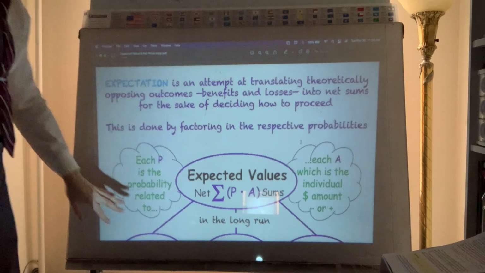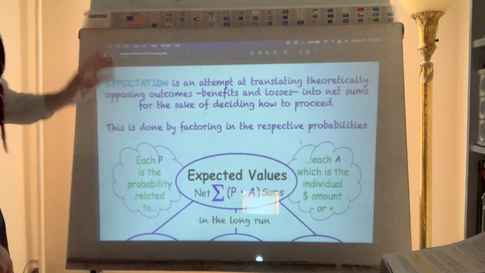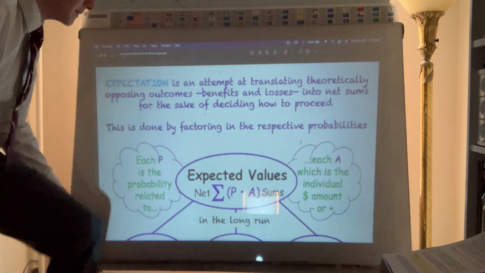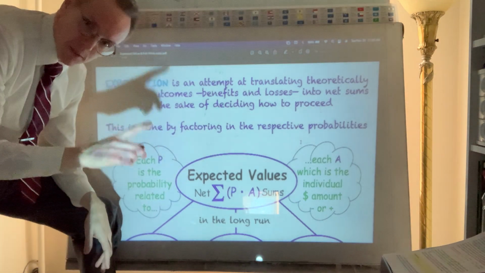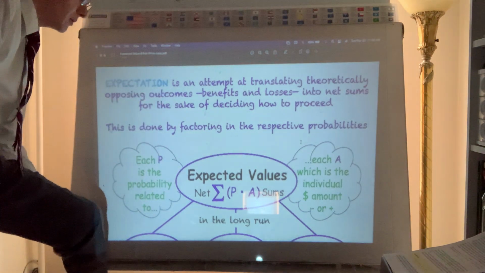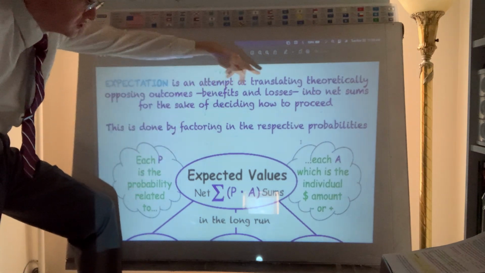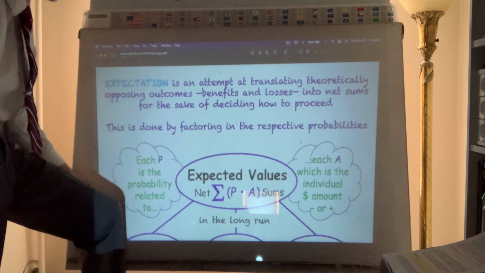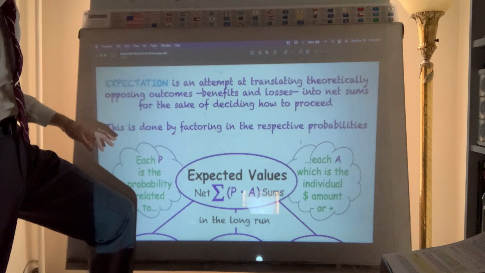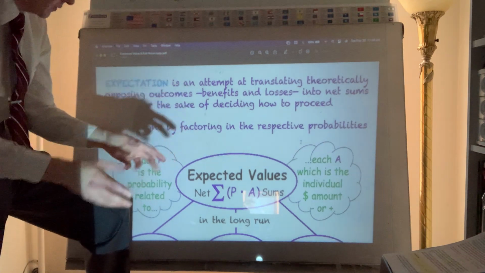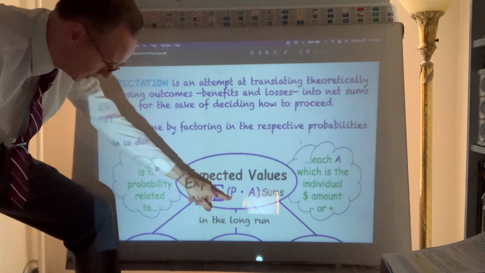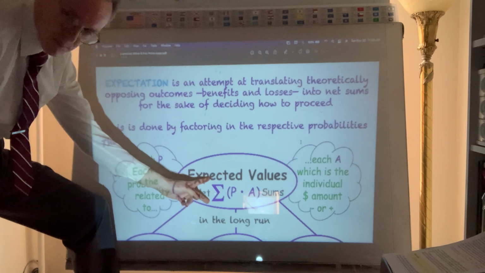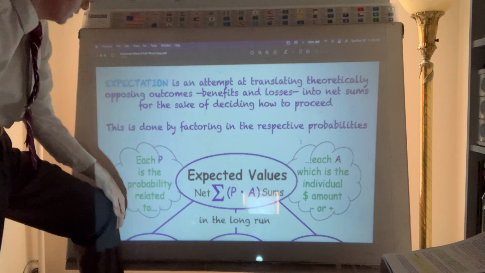Expectation is the main concept today. An expectation is an attempt at translating theoretically opposing outcomes, benefits and losses, things regarded as being negative or positive, into a net sum, which is why you see this symbol here, the Greek sigma, often used to imply that things are added.